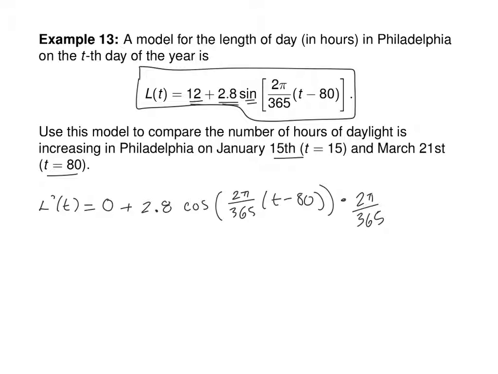Because say you had like 2t minus 80, what would the derivative of that be? Just 2, right? Your y prime is just 2. If you have a number times something to the first power, you also could think that this thing distributes, right?